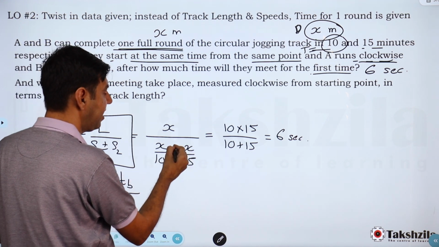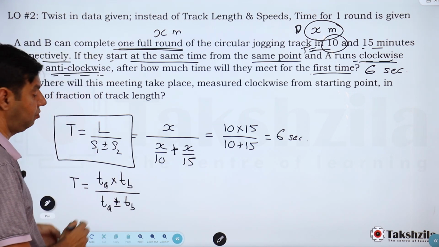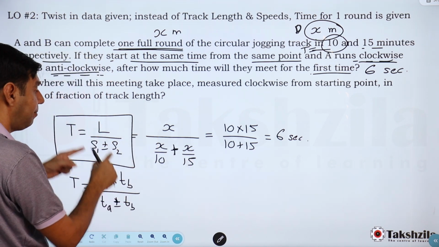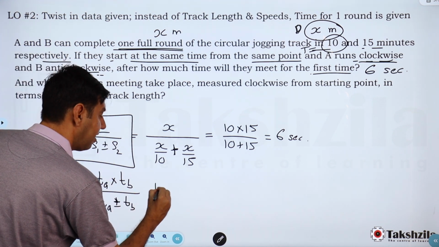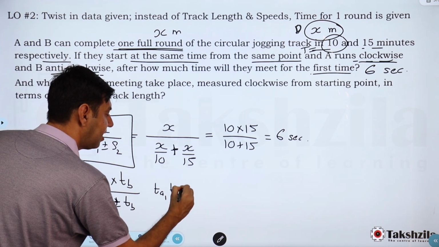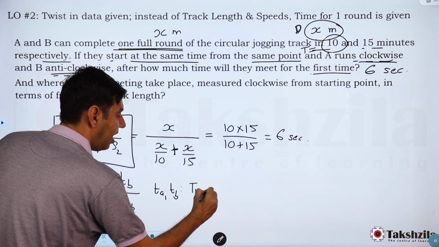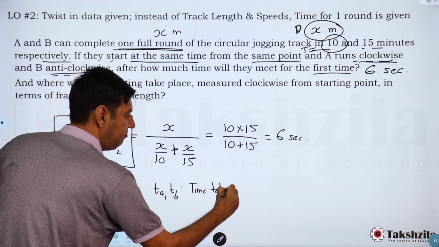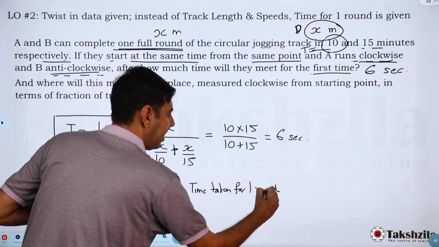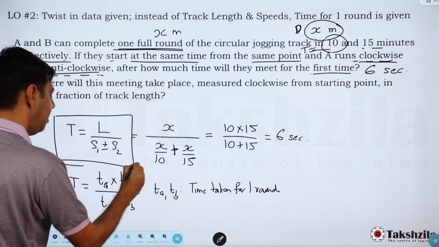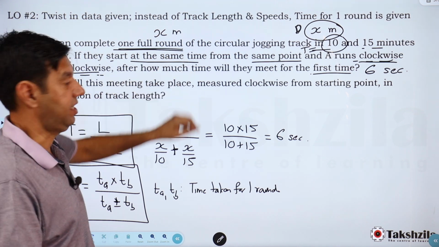If they're in the same direction, do the minus; if they're in opposite directions, do the plus. But you should know this is coming from here itself, and you should know what TA and TB are. TA and TB are nothing but the time taken for one round. So we have a second relation also ready if the data is twisted.